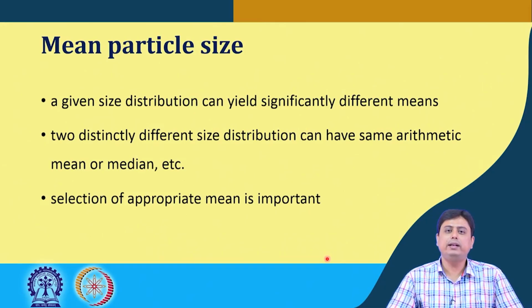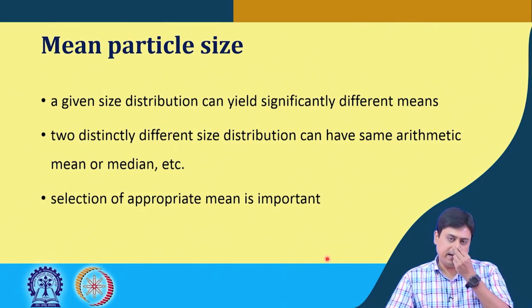For example, for a given size distribution, you find that its arithmetic mean is x1, geometric mean is x2, and harmonic mean is x3, and these are distinctly different values. This can happen, and two different size distributions can have the same arithmetic mean or median.